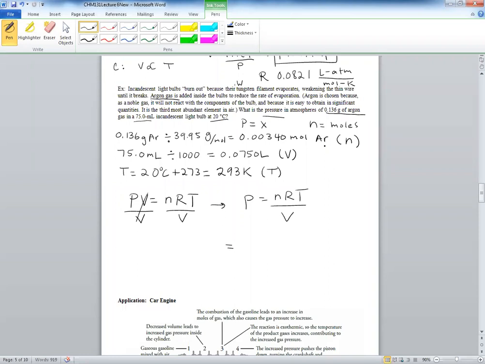So let's plug in. We solved for n, which is the number of moles, and that was this number right here, 0.00340 mole.